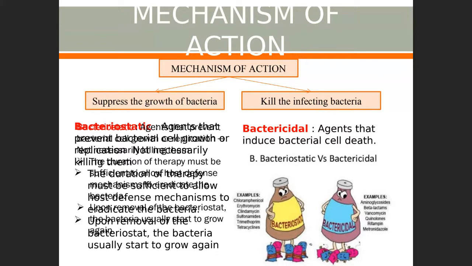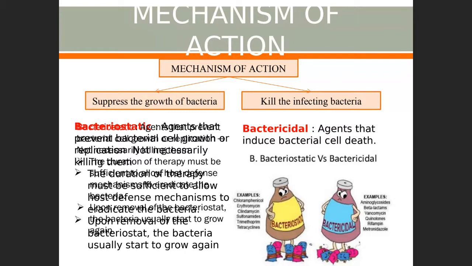If the immune system is not very well developed or it is not working properly, then what will happen? As soon as the antibiotic is stopped, the bacteria will start to grow again. In the bactericidal, there is complete cell death, so there is no chance of growing again.